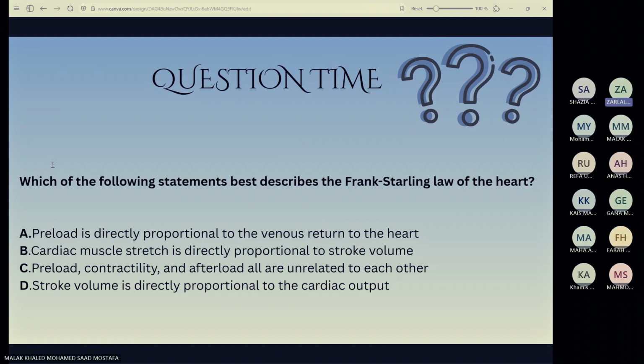Should I explain? Okay. A, D, no. The answer is actually B. Cardiac muscle stretch is directly proportional to stroke volume. And in the next slide, I will explain this. So let's go to the next slide, please.